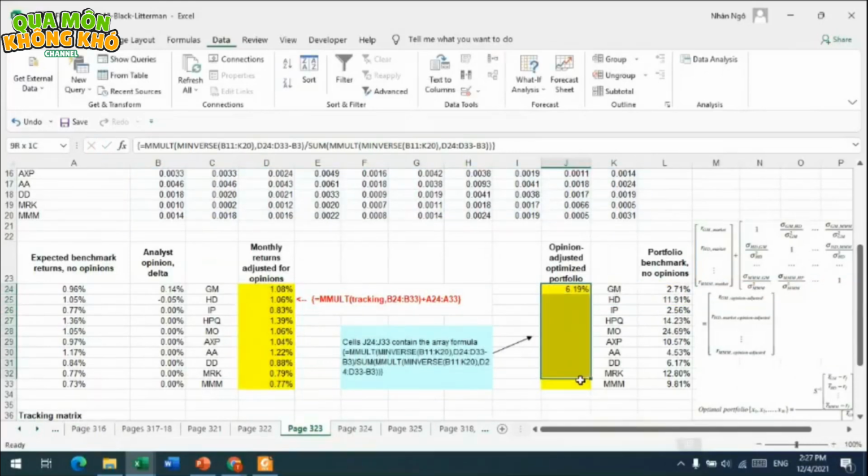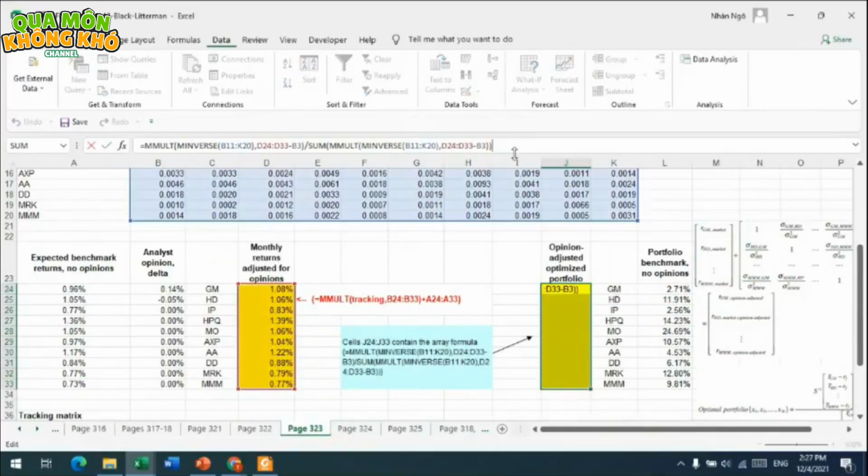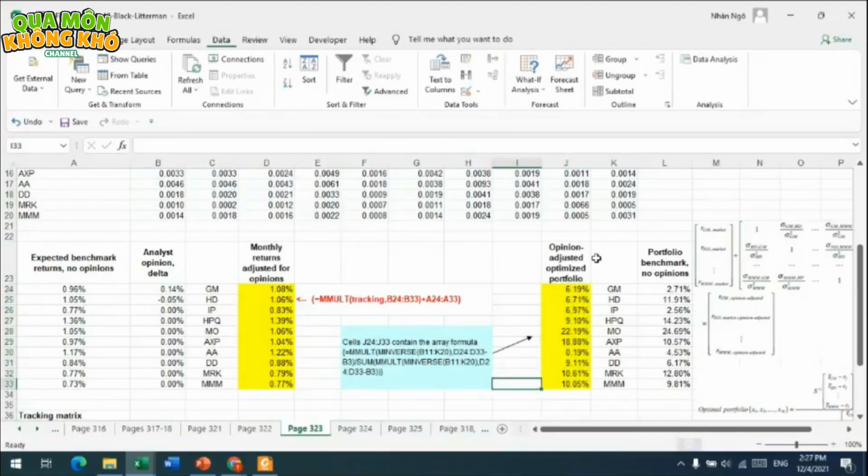Here we got the new opinion-adjusted optimized portfolio with the second interpretation.